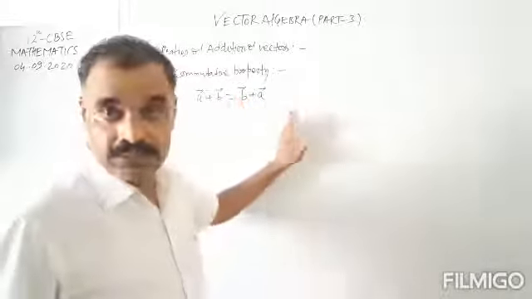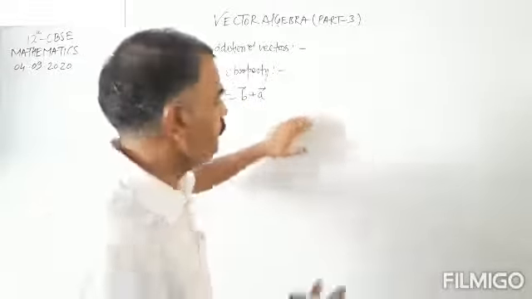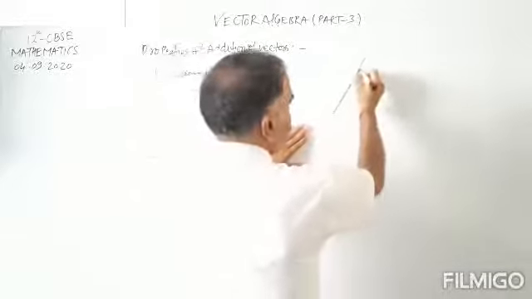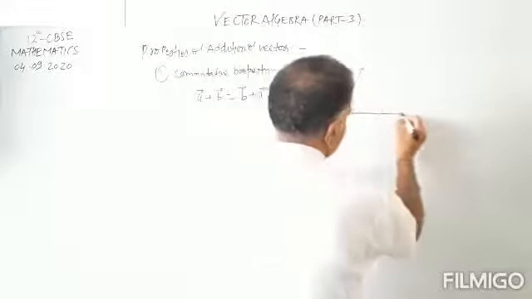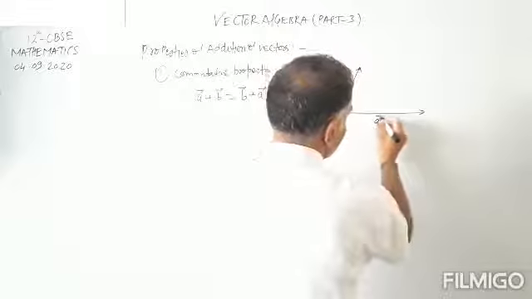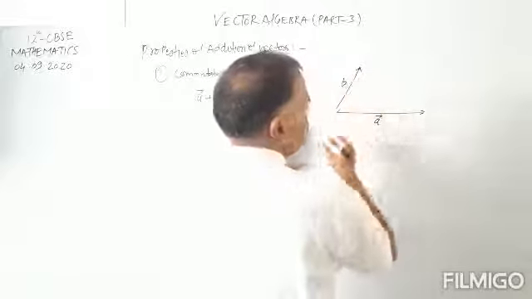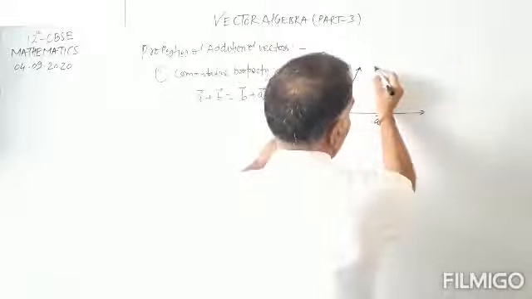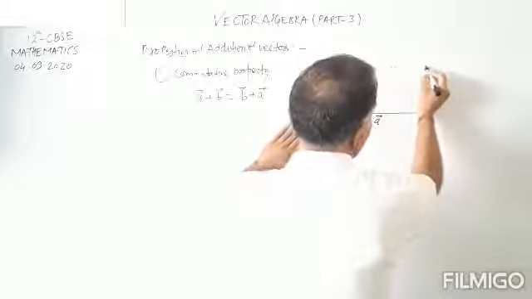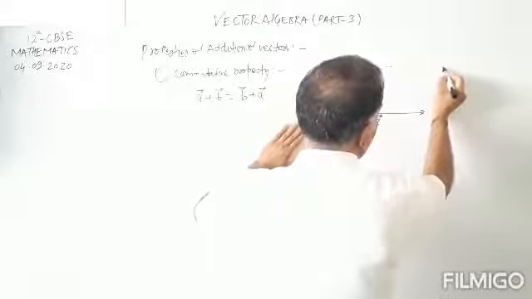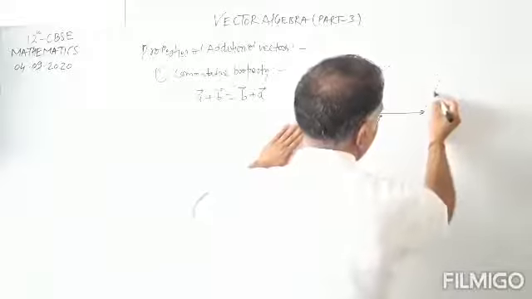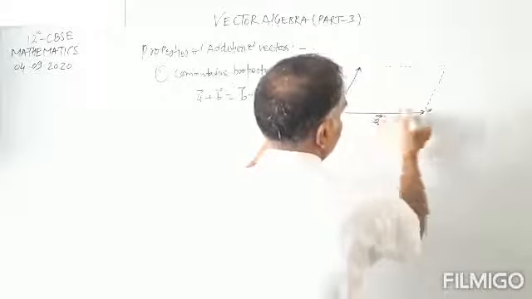We have an explanation of this. Suppose this is A vector and this is B vector. We are forming a parallelogram using A vector and B vector. So these are the parallel sides.